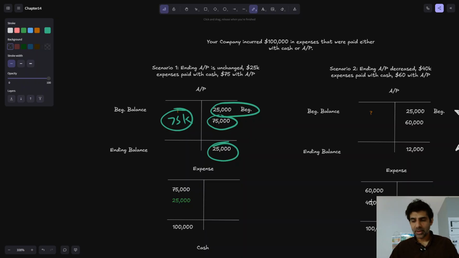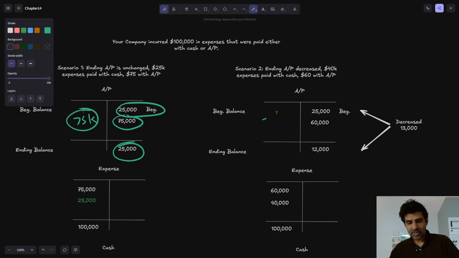So there's no adjustment. In this case, we had 73,000. So not only did we pay this, we paid an extra 13,000 to pay off old debts. So that cash flow is extra cash from prior debts that we had. So that's why it's a negative adjustment. We can't just look at what happened in this period.